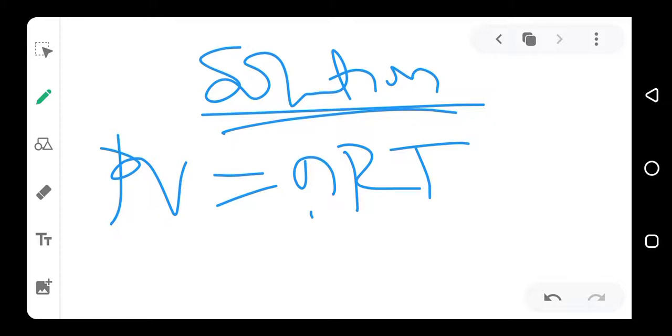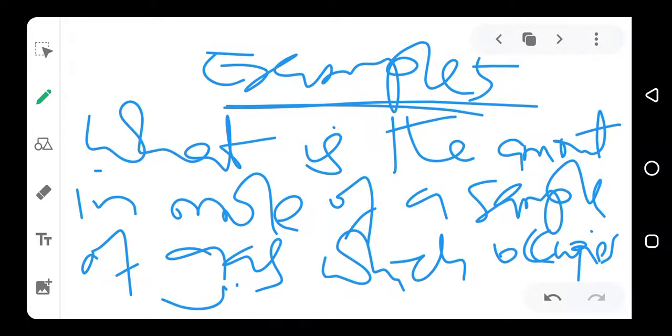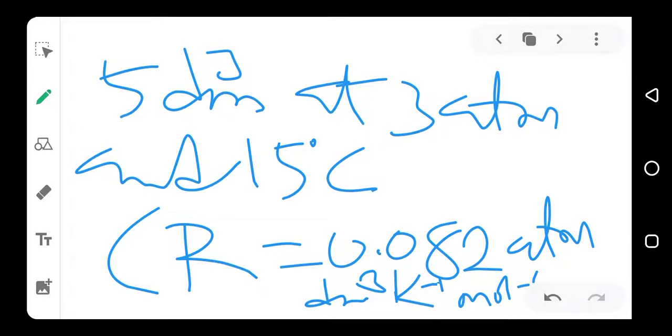Now, P given to us: what is the amount in mole of a sample of gas which occupies 5 dm cube? This is the volume given to us at pressure of 3 atm.